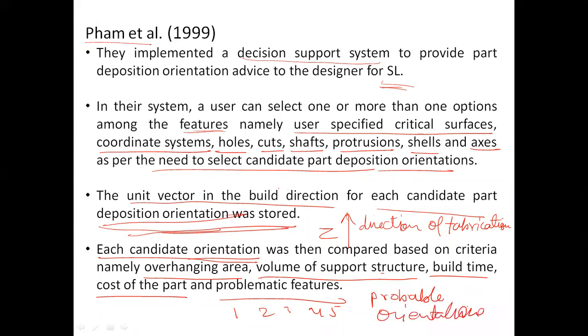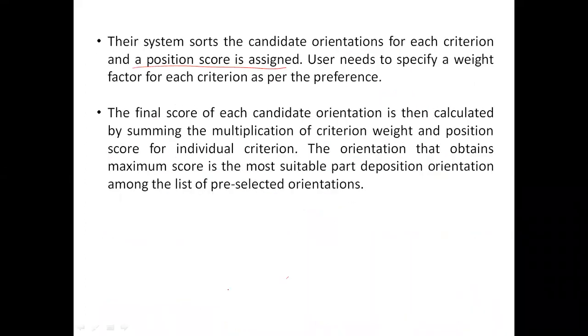For each orientation, based on these five criteria, you define the probable score by assigning weightage to them. Once the weightage has been assigned to each preference for each criterion, the final score of each orientation is calculated.